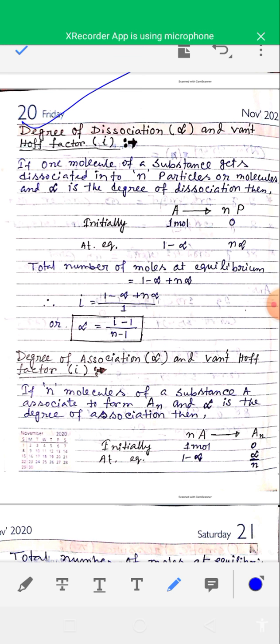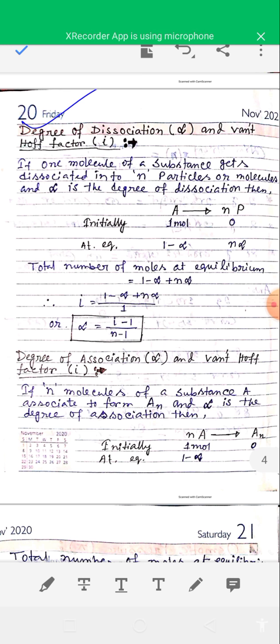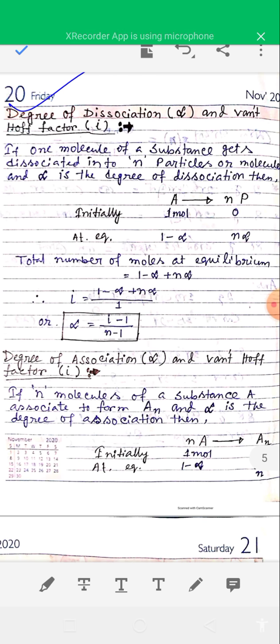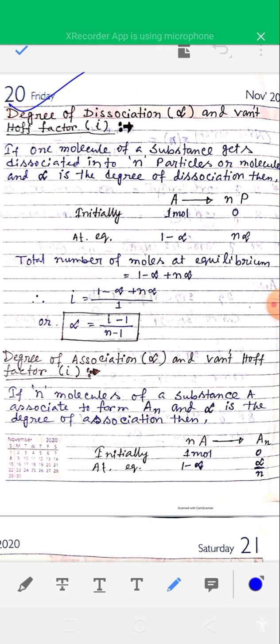Suppose 1 mole of a solute dissociates into n particles in solution, and alpha is the degree of dissociation of the solute. You can write it like this: A goes to nP, where P is the product and A is the reactant.